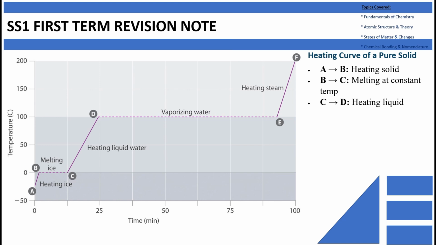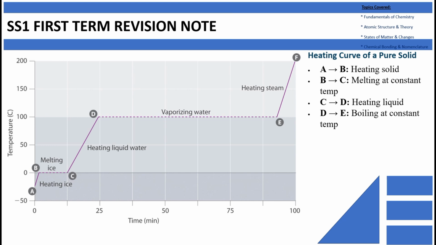At that particular point, any heat you are supplying has no effect of increasing the temperature, rather it is doing the work of converting the liquid to gas. We actually call this latent heat of vaporization, whereas in melting we call it latent heat of fusion. You will understand it better in your physics than here, so I will not stress myself so much talking about this. Between E and F, what we have here is the heating gas.